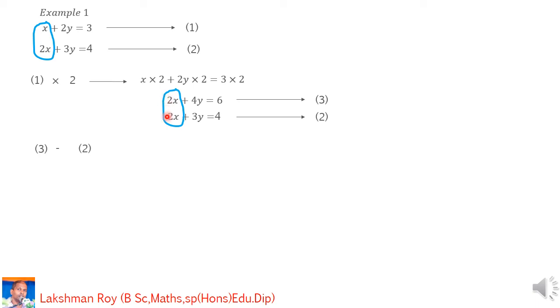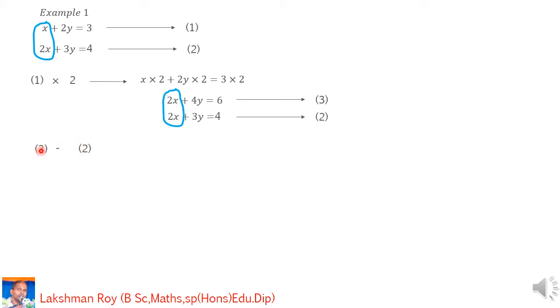You have to subtract. That is important, you have to subtract. If you subtract the second equation from the third equation, or the third equation from the second equation, both can be done, and you can remove the x term. So here I decided to subtract the second equation from the third equation.